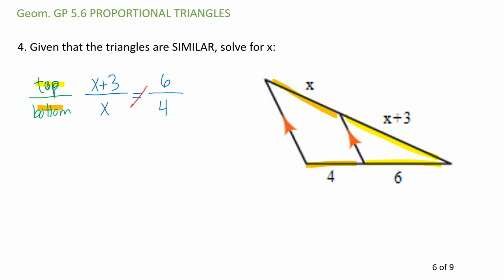Got to be careful about these because you could end up with a quadratic. Which one is the variable? This one I have to do top times bottom equals top times bottom. I'm going to say the top of this proportion is x plus 3. The bottom that gets multiplied is 4. The top of this other one is 6. The bottom that it gets multiplied by is x.